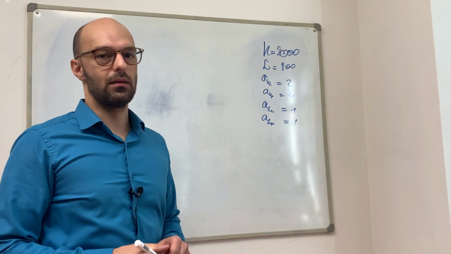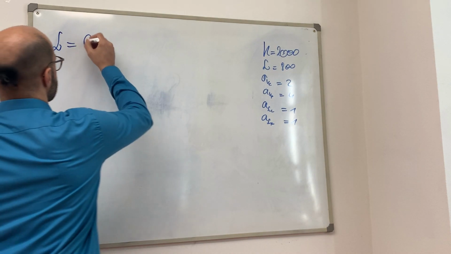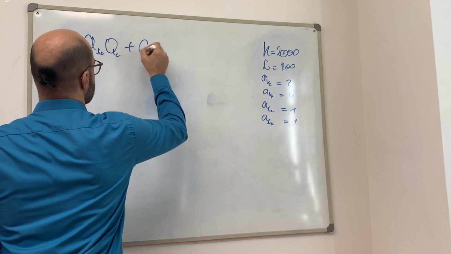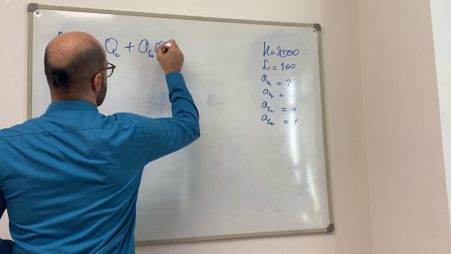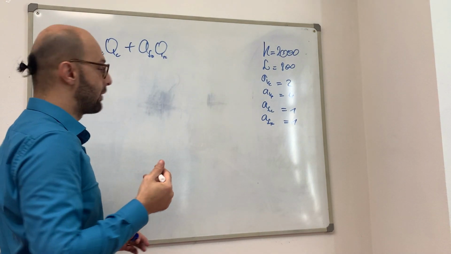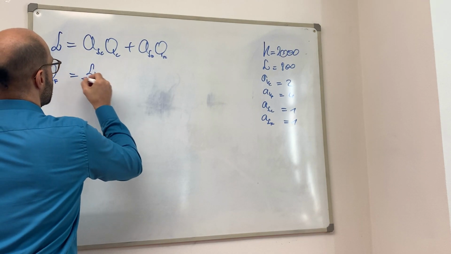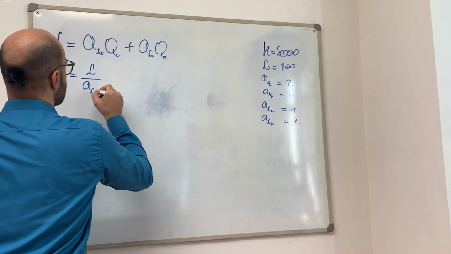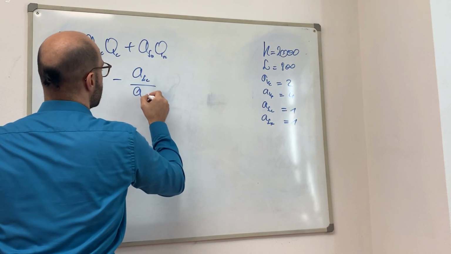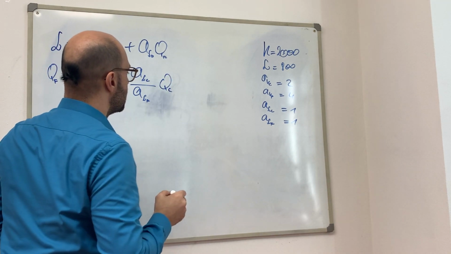So now let's calculate the labor constraint. We have labor equals the amount of labor in cloth times the quantity of cloth plus the amount of labor in food times the quantity of food. Now again, we have to reformulate this equation. It becomes quantity of food equals labor over the amount of labor in food minus the amount of labor in cloth over the amount of labor in food times the quantity of cloth.